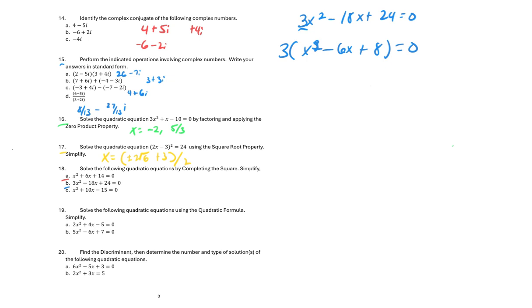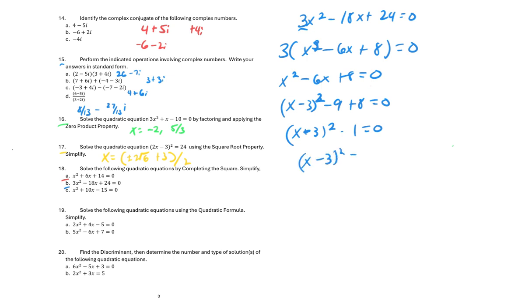Equal to 0, that should be a squared. So then we get x squared minus 6x plus 8 is equal to 0. (x minus 3) squared, with that we added 9, plus 8 is equal to 0. (x minus 3) squared minus 1 is equal to 0. (x minus 3) quantity squared is equal to 1. x minus 3 is equal to plus or minus the square root of 1, which is 1.